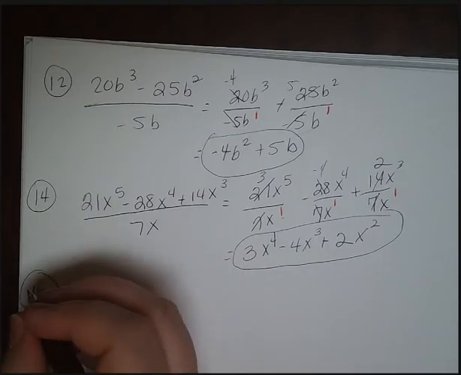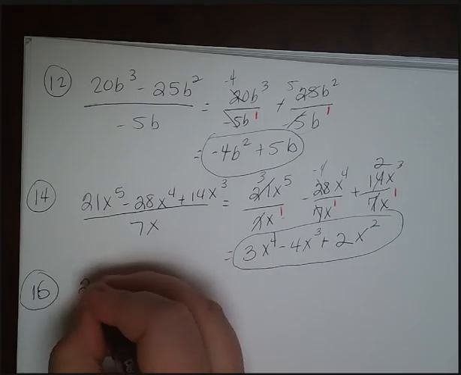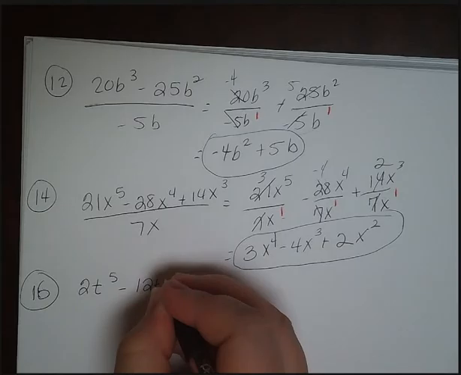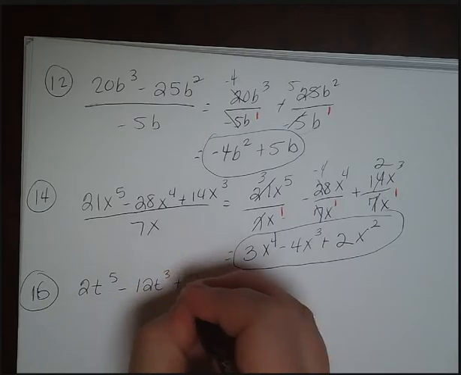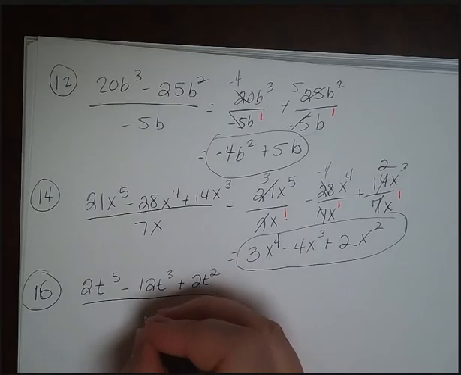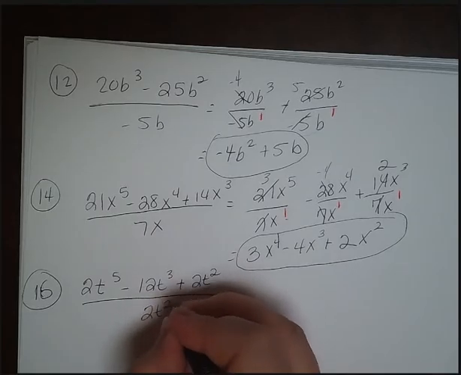So on number 16, 2t to the fifth minus 12t to the third plus 2t squared all over 2t squared.